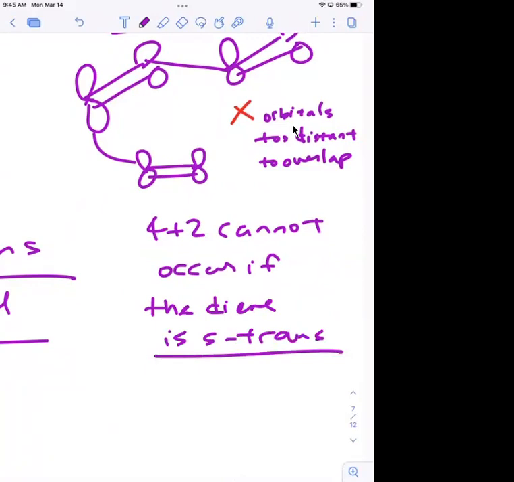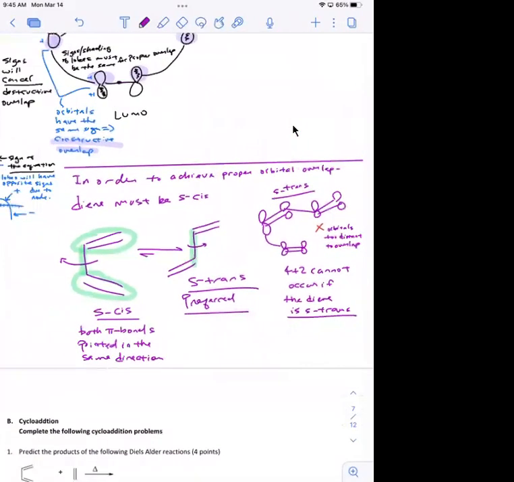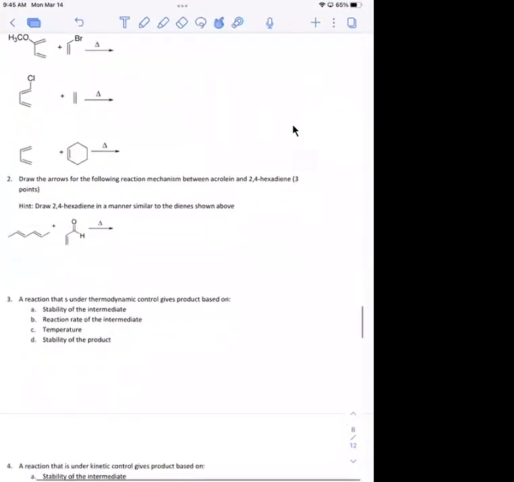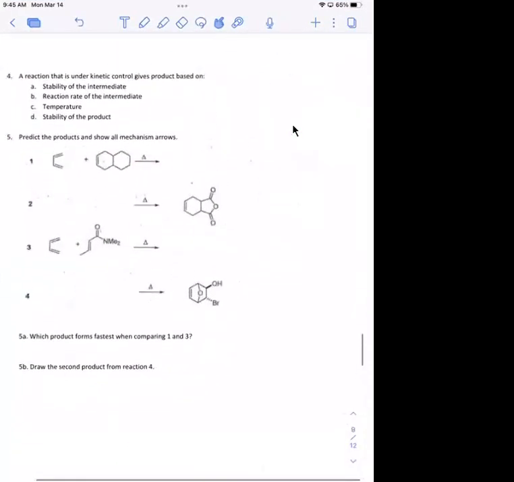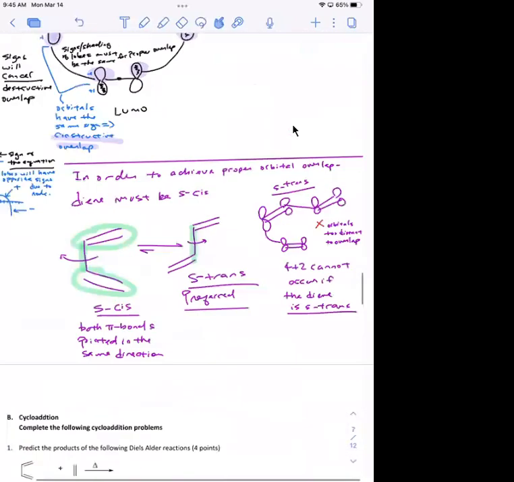There are some specific cases where this matters, and it only happens if the diene is locked in that type of conformation. We've got a couple of examples down here somewhere where we'll talk about that. But only if it's locked in the S-trans conformation will it not happen. And there are some cases where you can only have a diene in S-trans.